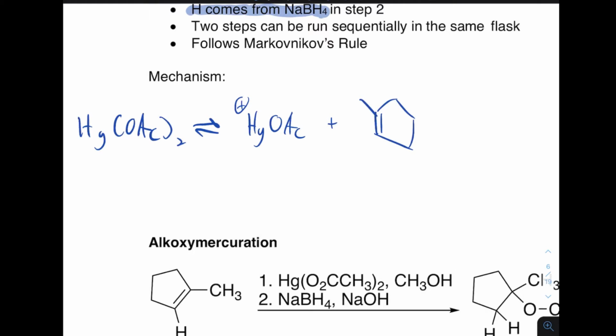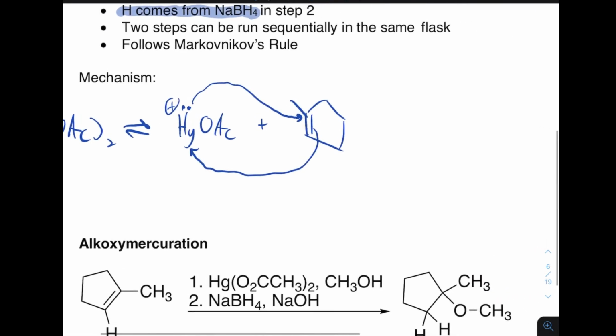I'm just flipping the compound around, right? It's the same one above, I just flipped it. What we see here is the alkene attacking the mercury, but at the same time, mercury will attack the alkene, just like this.